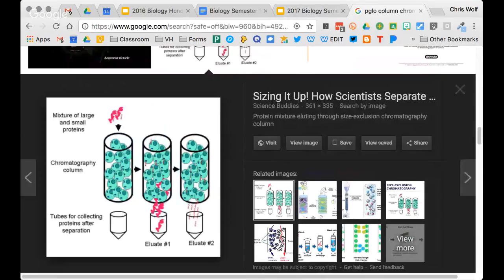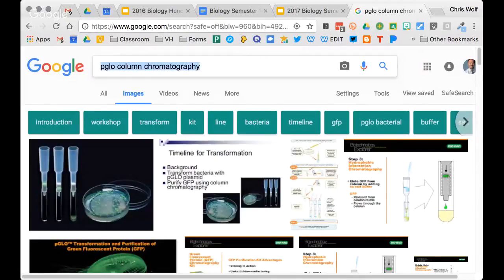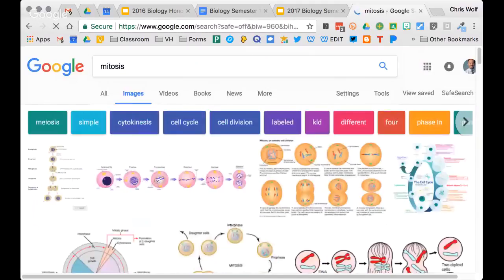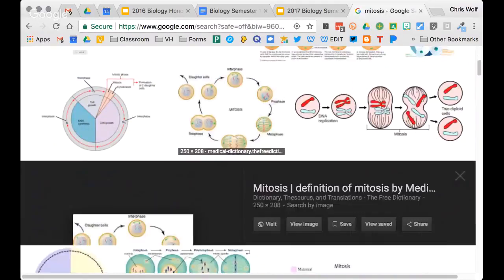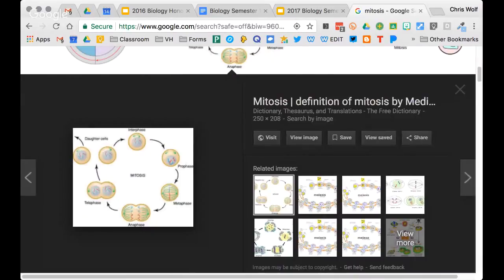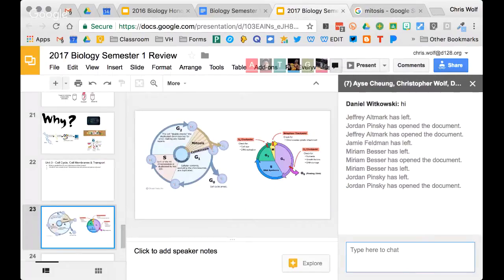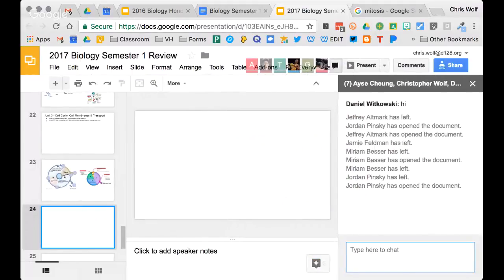So let's take a look. Let me go find a picture of mitosis. Here's a good one. Talk about mitosis and that spindle fiber question you had.